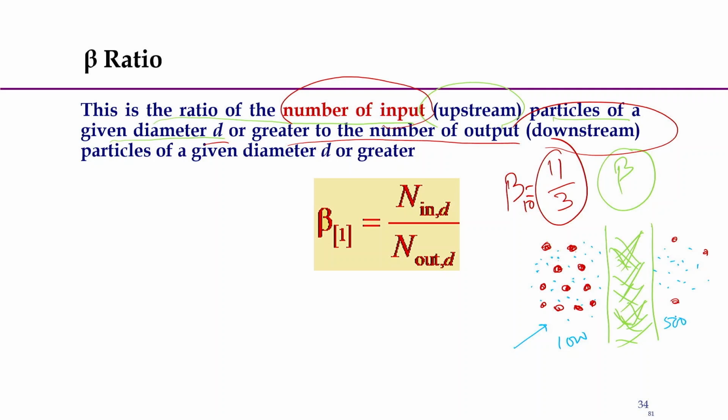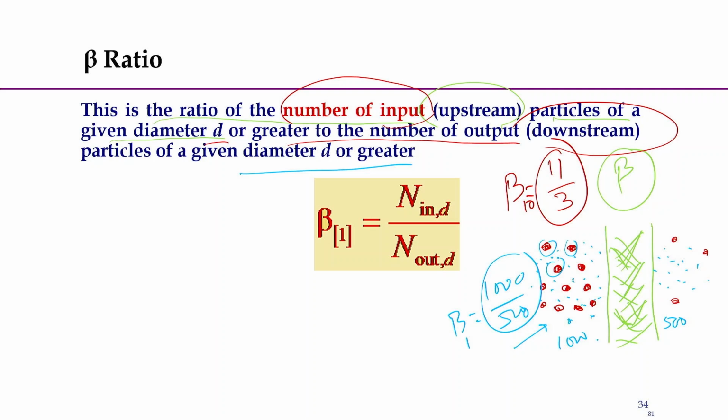So, beta 1 will be 1000 by 500. That is the beta ratio for a particular given diameter or greater. So, 1 micron will include the 10 microns also.